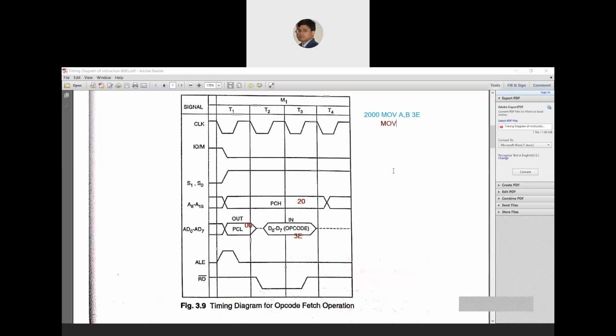But if I ask you to draw the timing diagram of MOV A comma M, now tell me, is this timing diagram applicable for the instruction MOV A comma M?